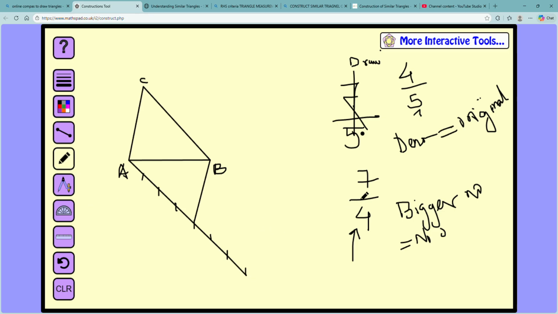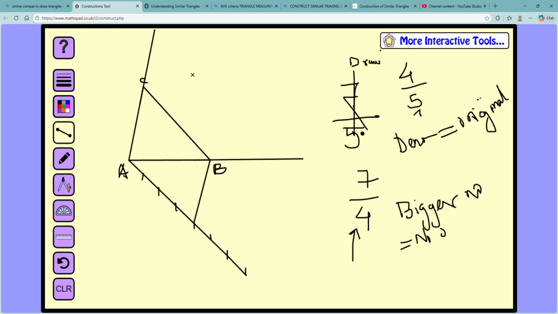Then 4 is original, and I have connected it. The basic step is connecting the original triangle. After connecting it, we have to extend the lines, since 4 is original and 7 is the new triangle. Obviously 7 is greater than 4, so the new triangle will be greater than the original triangle. So 7 parts: 1, 2, 3, 4, 5, 6, 7. We need to extend this line first, as much as you can, and then extend the other line as well.